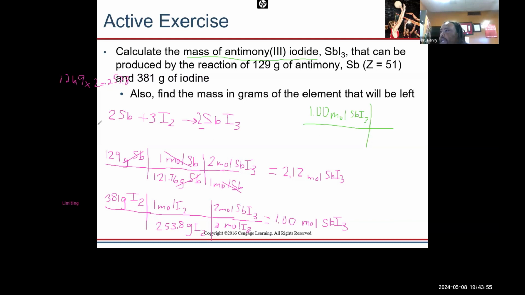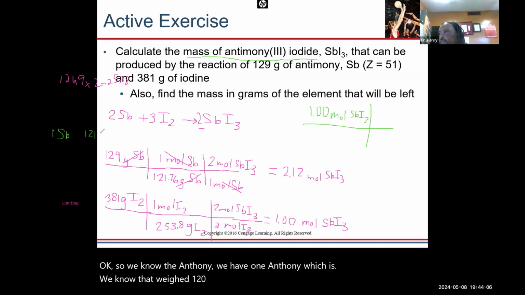Okay, so we know the antimony, we have 1 antimony, which we know weighed 121.76 grams.